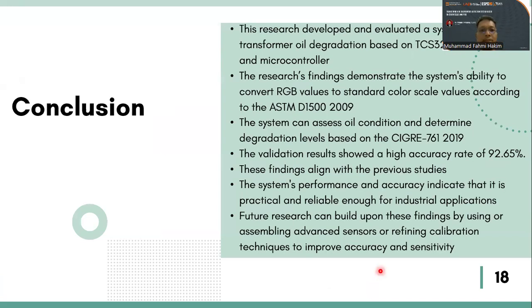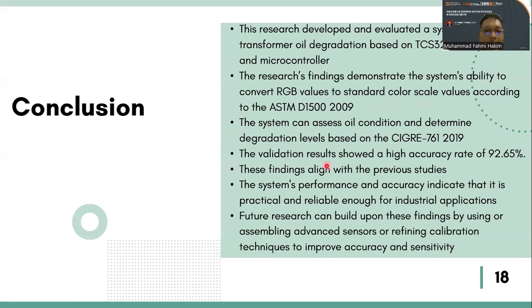And then for the conclusion, this research developed and evaluated a system to detect transformer oil degradation based on the TCS 3200 color sensor and microcontroller. The research findings demonstrate the system's ability to convert RGB values to standard color scale values according to the ASTM D1500-2009. The system can assess oil condition and determine degradation level based on the SIGRI.